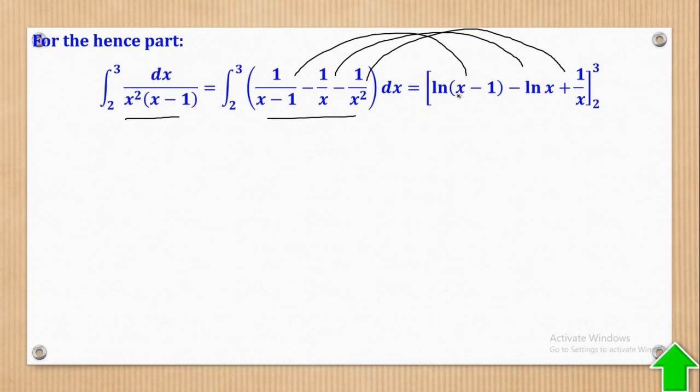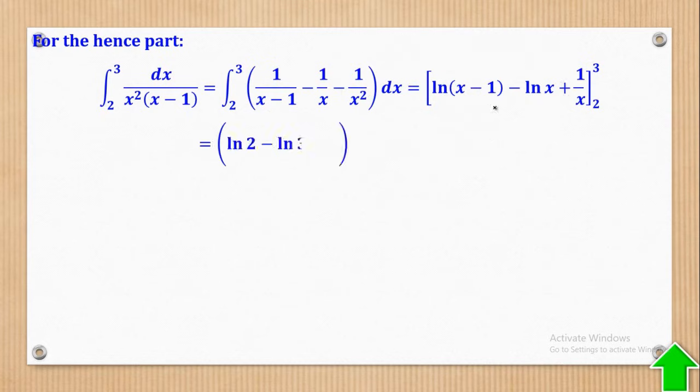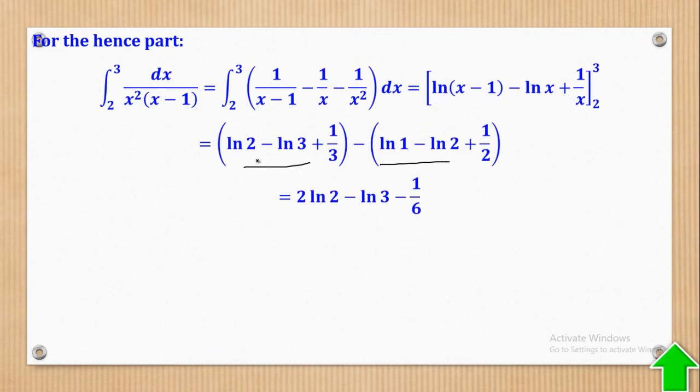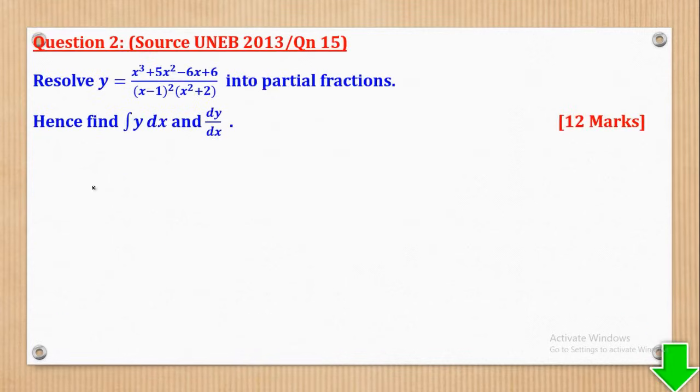Integrating 1 over x squared is negative 1 over x, but the negative is this negative minus, and the negative in the answer gives you a positive value there. Then substitute limits, beginning with the upper limit followed by the lower limit, and then you can use your calculator to get the value to the required number of decimal places. So that was question 1.